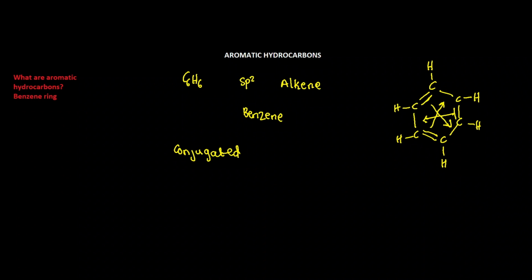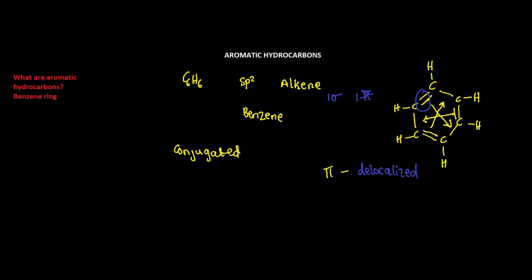Although the benzene ring has the sp2 hybridized orbital, we know that this double bond is made of one sigma bond and one pi bond. However, the electrons that lead to the formation of the pi bond are delocalized.